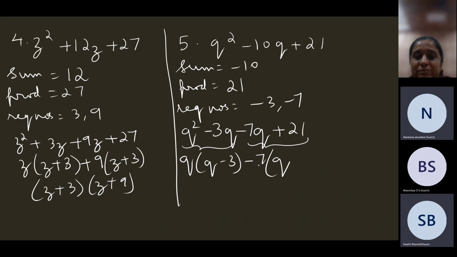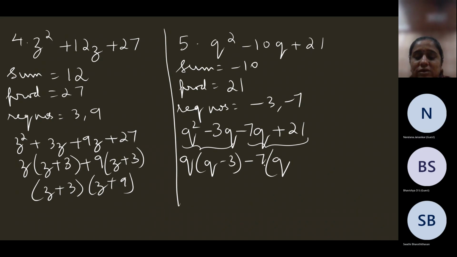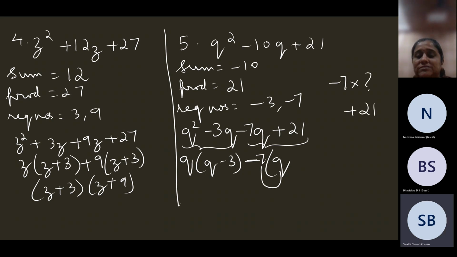Minus multiply minus 7 into Q is minus 7Q. Then you should get plus 21. Minus 7 into what will give you plus 21? Minus 3, ma'am. Minus 3.